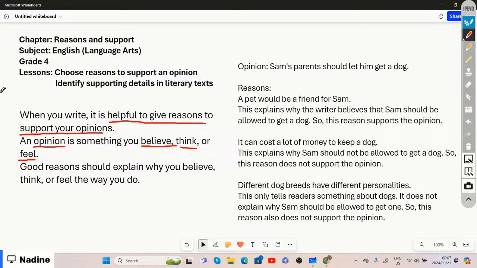It is helpful to give reasons about your opinion, and that is basically to support your opinion, so that we can know why you believe it's true, why you think like that, and why you feel the way you do.